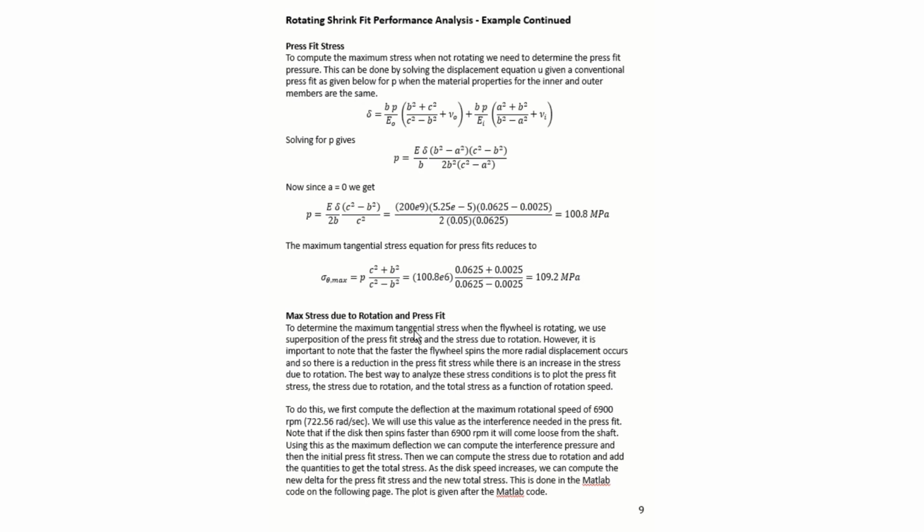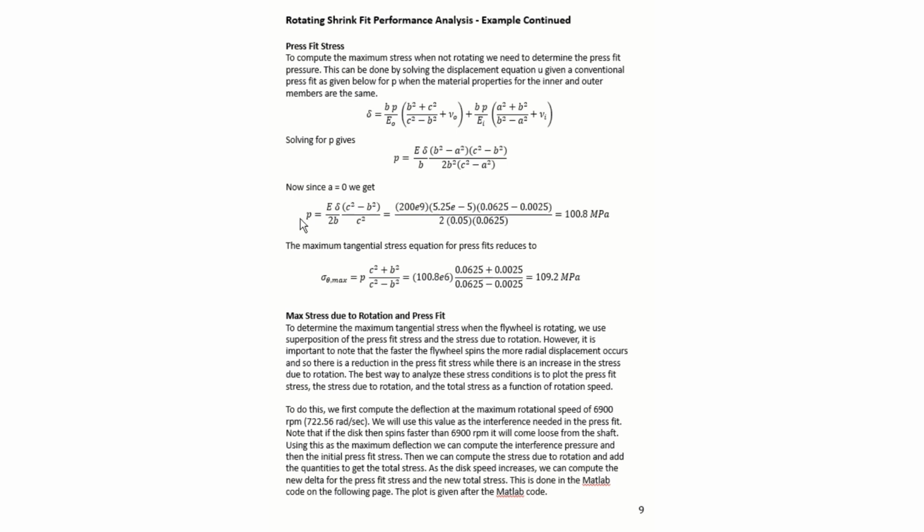Now I'm going to look at just the press fit. So here is just looking at the stresses due to the press fit and seeing what the magnitudes of those would be. So here I know my deflection equation. I can compute the pressure required to create that deflection that I just determined. And that pressure then is given by 100.8 megapascals.